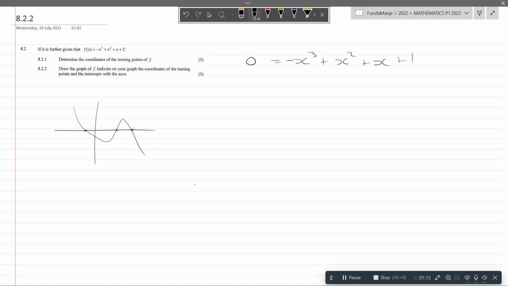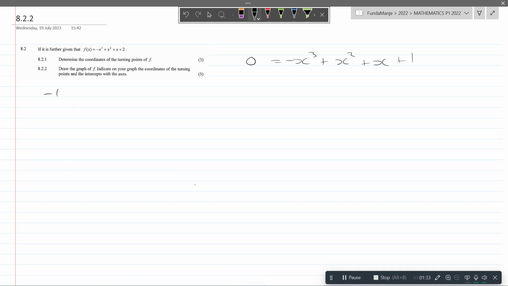Not to say that there will be 3. You can get instances where you only get 1 intercept, or where you get only 2 intercepts, something like that. So guessing the first one, it just takes some trial and error.